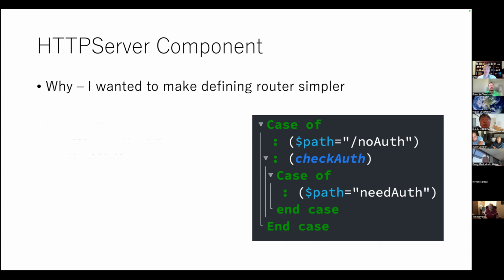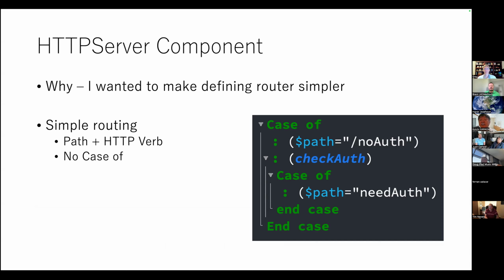So I decided to develop a component to describe routing in a more compact way. This component lets you specify not only the path, but also the HTTP verb, like GET or POST. And guess what? It doesn't use Case of. I'll give you the details on the next slide.